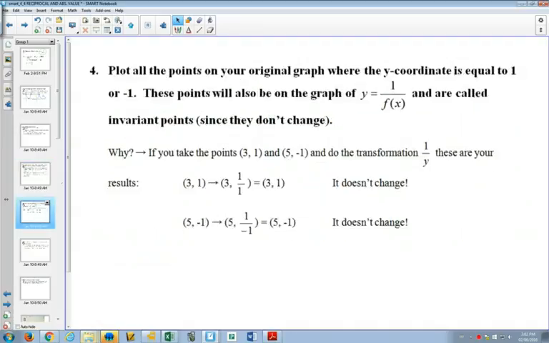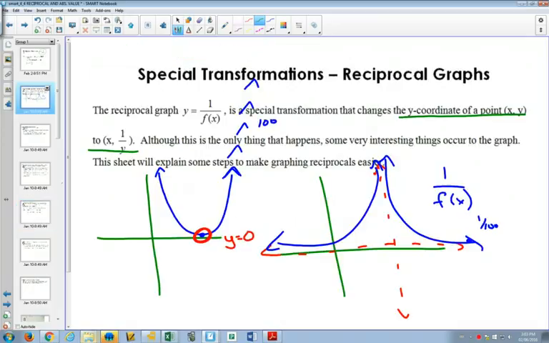Once you've drawn both of your asymptotes, here it says plot all the points that are equal to 1 and negative 1. Sometimes the points where it's equal to 1 and -1 aren't easy, so I just say plot some points. Maybe there's some points that you know. Maybe 1 and -1 are part of those.